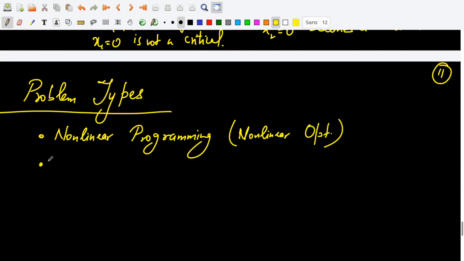So if you have a specific problem type and you are able to identify the problem type, then sometimes it is better to look at algorithms which work only for that type. So such problems are quite useful in practice. Main ones are the quadratic programming.